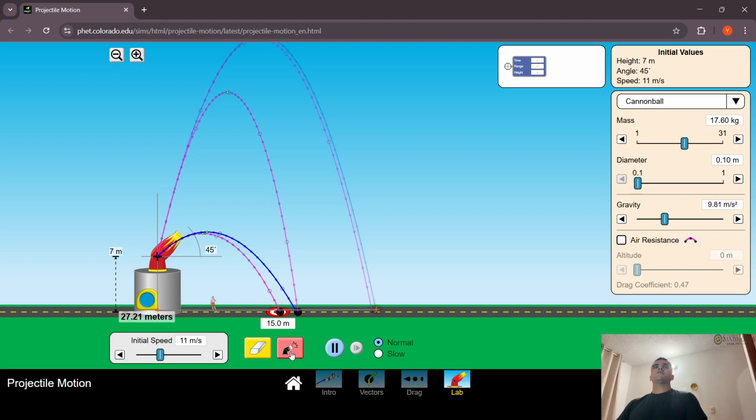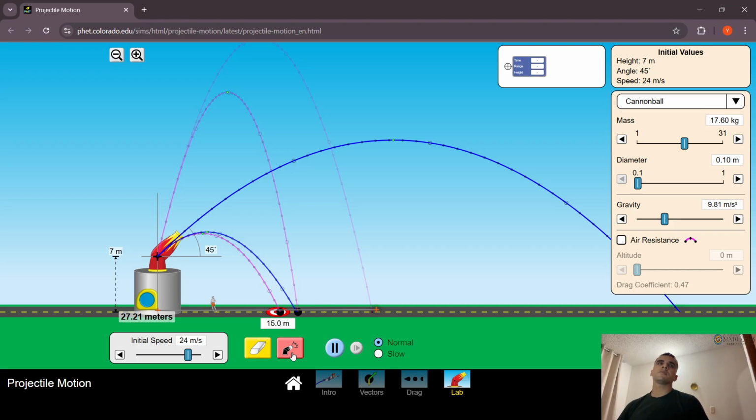The second hypothesis: if the initial speed increases, the projectile will reach a higher altitude and a longer distance. So with the same angle, but with the maximum speed, which as I told you at the beginning was just 24 meters per second, the distance is increased notably.